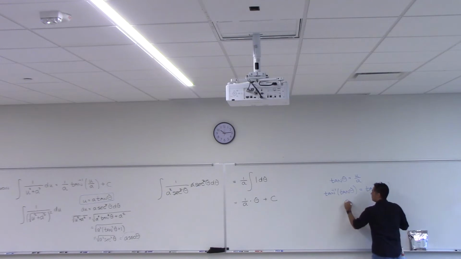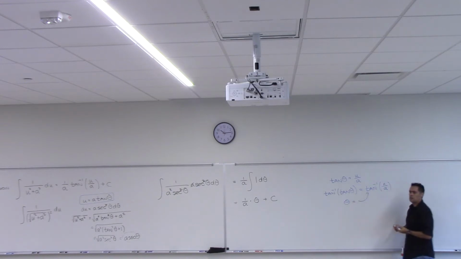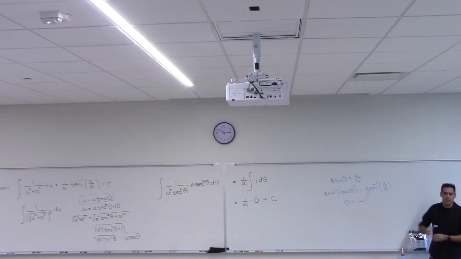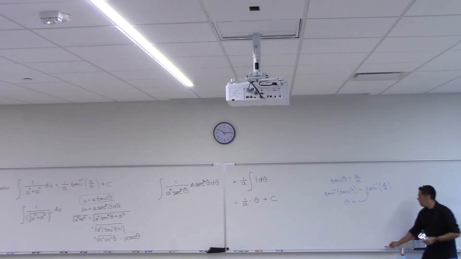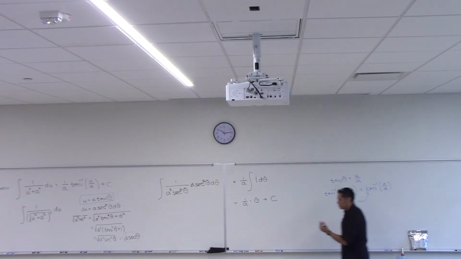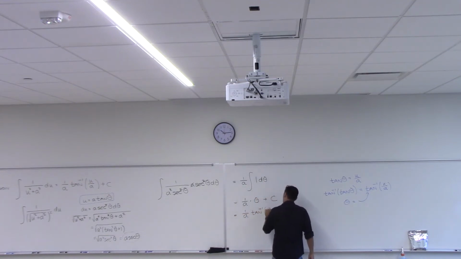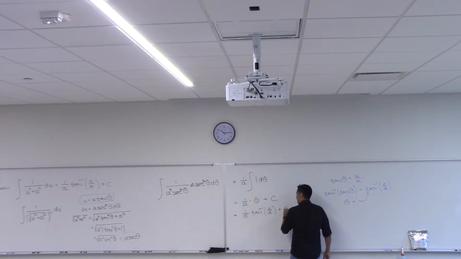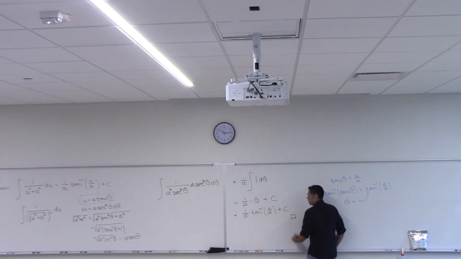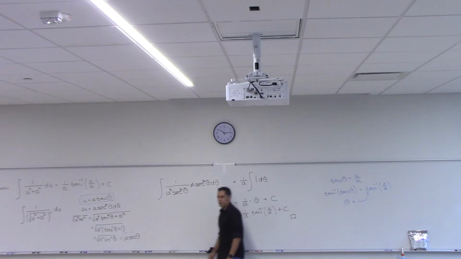This side becomes theta, is that. And I stick it right into that formula. This is what theta is. So this becomes 1 over a, inverse tangent of u over a plus c.